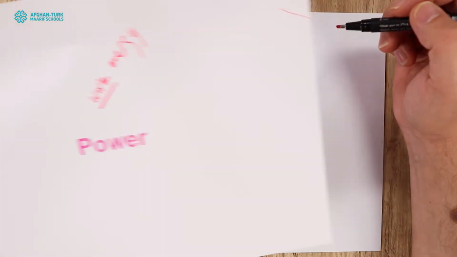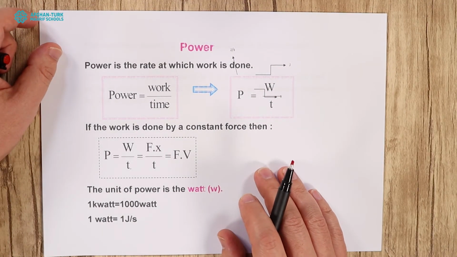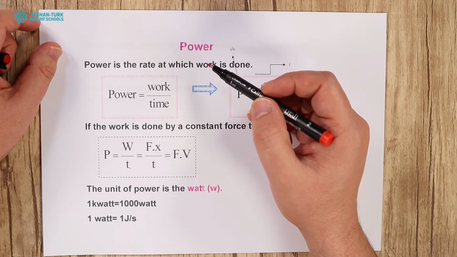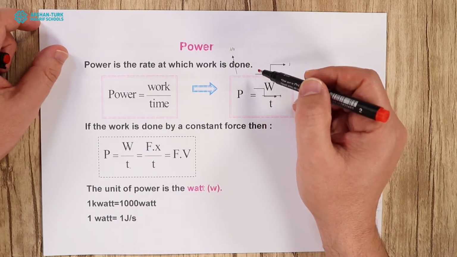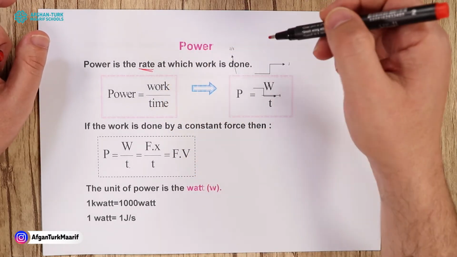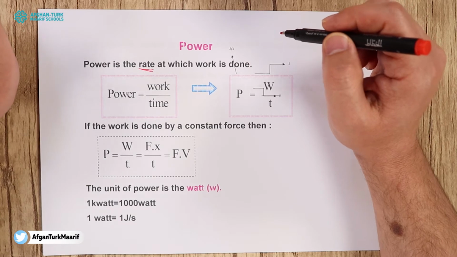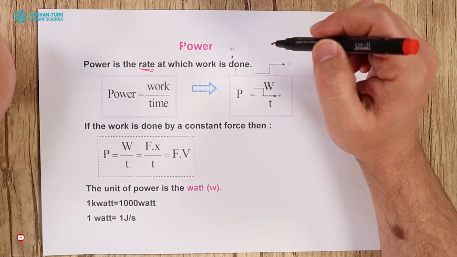So let's see the definition of power. Power is the rate at which work is done. Rate means, like in Dari we can say raftar. This means how quickly we can finish the work.